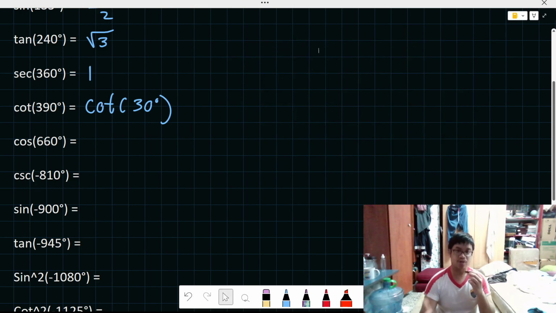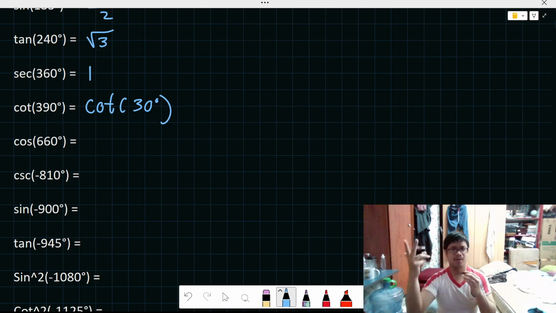Now that we found its coterminal angle, how can we get the value? Again, this is cotangent, and you do not know its identity. How would you convert it into cosine or sine? Here you have to think about which identity, when we convert it into a different form, has cosine, sine, or both of them.